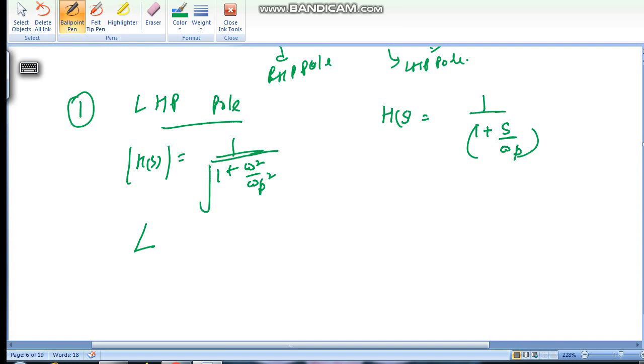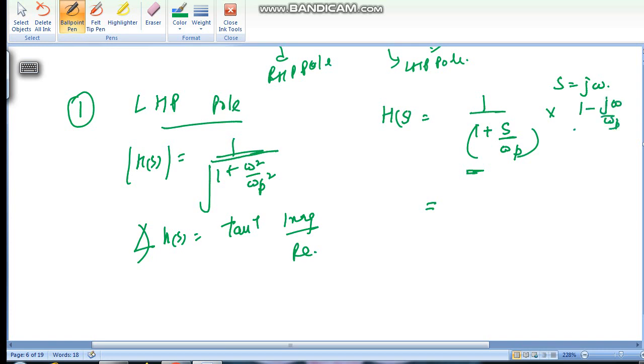And the phase for H(s) is given by tangent inverse of imaginary part upon real part. Now this thing is in denominator. So what we will do, s is basically j omega, so we multiply with (1 minus j omega by omega p).